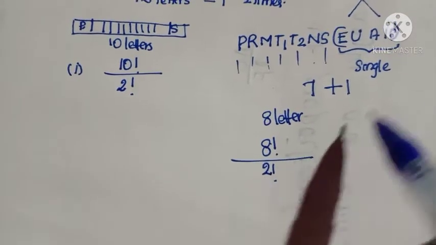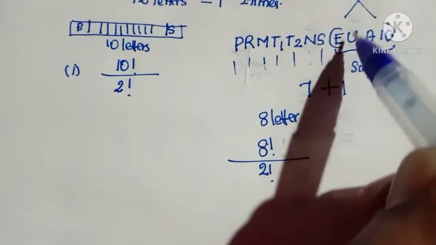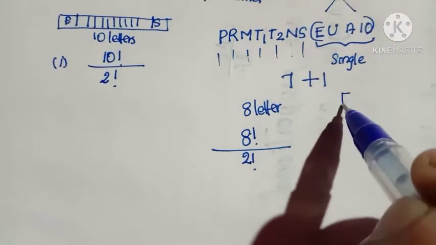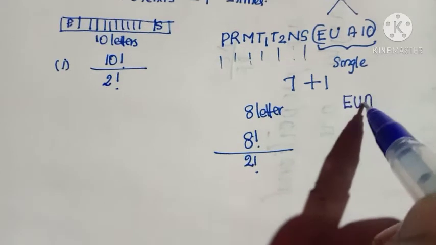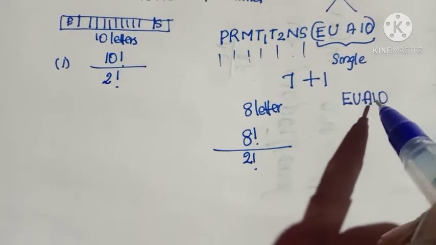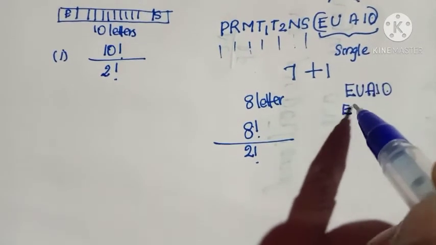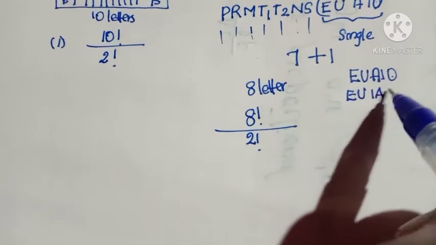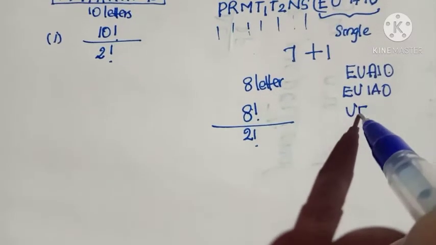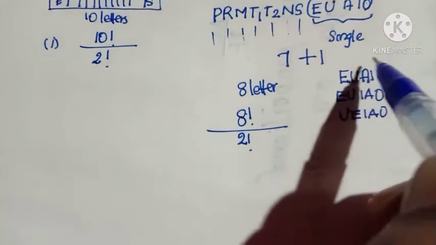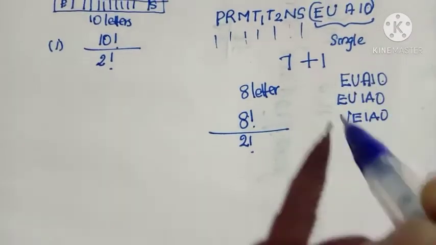It's not complete. Now these vowels can also be arranged in different ways. One arrangement is E, U, I, A, O. Another arrangement is E, U, A, I, O. Another arrangement is U, E, I, A, O. So these 5 vowels can be arranged in different ways.